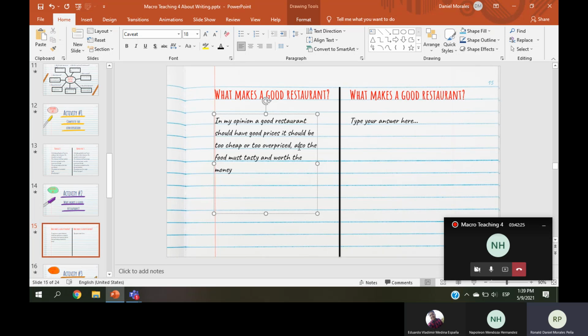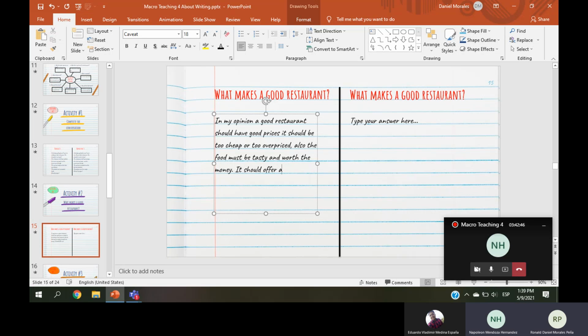It's kind of a waste of our money. But also the food must be tasty. Basically, the product must be good because you are paying for it.